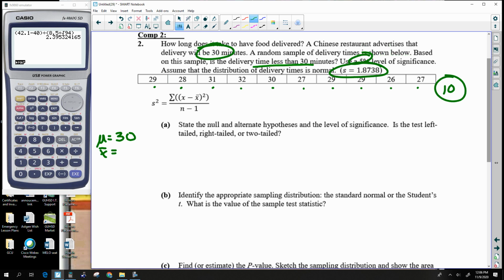My sample average, oh, I did not get that yet. I'm sorry, I didn't get that yet. So I need to put that in my calculator. Okay, so I want to calc 1 var, and I see that my x bar is 28.8.